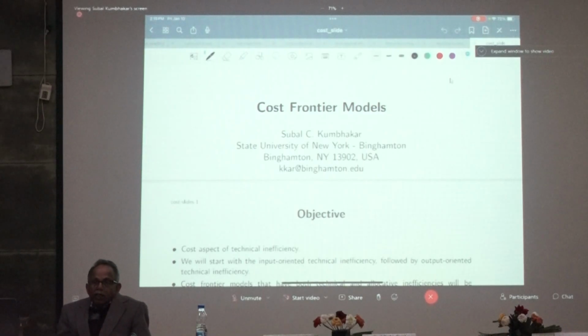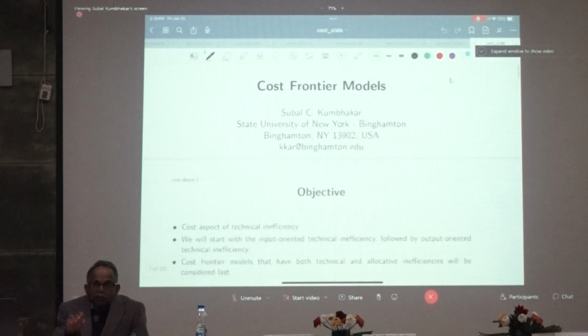So in one application, we used Indian banking. So we were thinking about whether banks are using labor optimally or they are overusing labor. Right? They are employing too many people in the bank. So what we did is we were talking about input-oriented measures because we are thinking in terms of possible reduction in labor without reducing output that banks are producing.